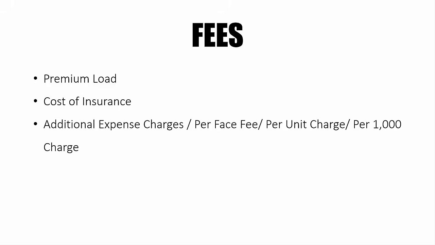Now, all of those are the same thing, but they're called different things on different policies. We'll go into more detail on that in a little bit. And then the other thing that you might see is any rider charge. Now, there's only going to be a rider charge if you've added riders, but again, we'll get to that in a little bit.